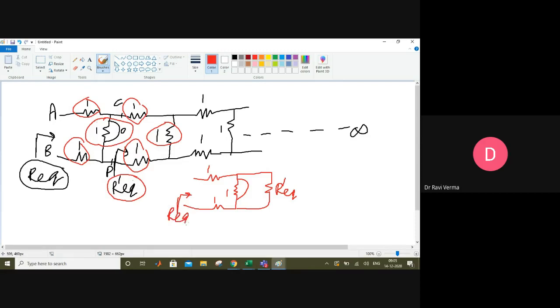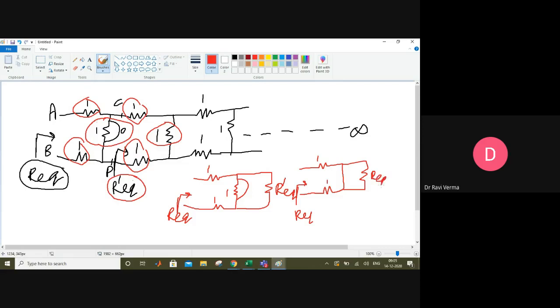So this 1 in parallel with the short circuited wire, what is the equivalent? 1 in parallel with 0 is 0. So you have to find R equivalent from here. This is 1, this is 1, and this is short circuited. Now again there is one more resistance, R equivalent prime.